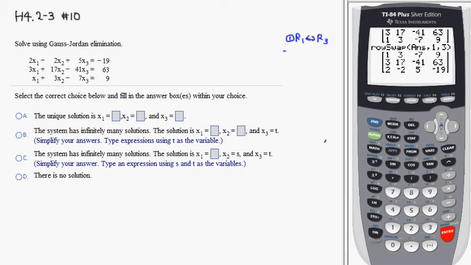The second operation would be we use row 1 and multiply by negative 3, add it to row 2. That's going to be our new row 2. And the next one is we multiply row 1 by negative 2 and add it to row 3. That's going to be our new row 3.